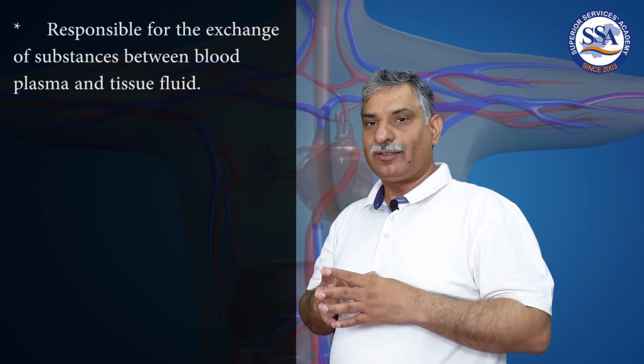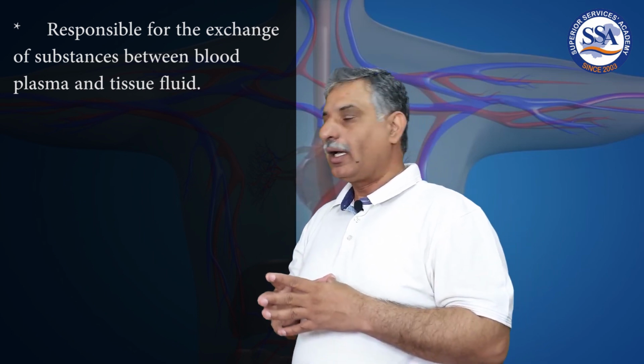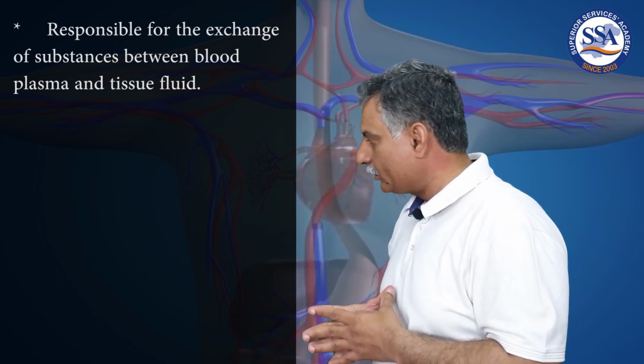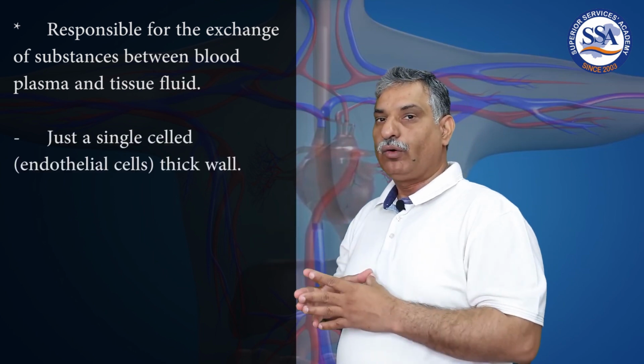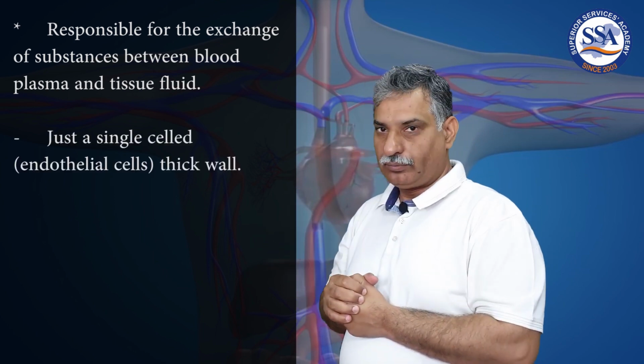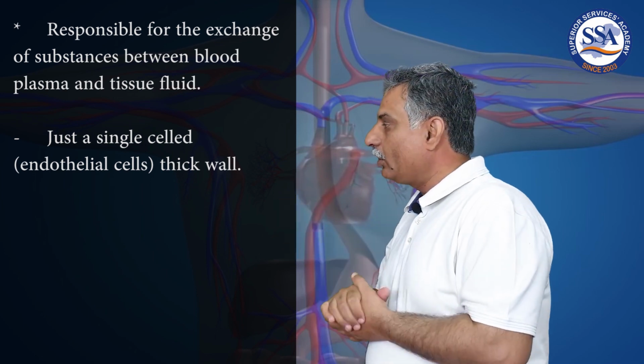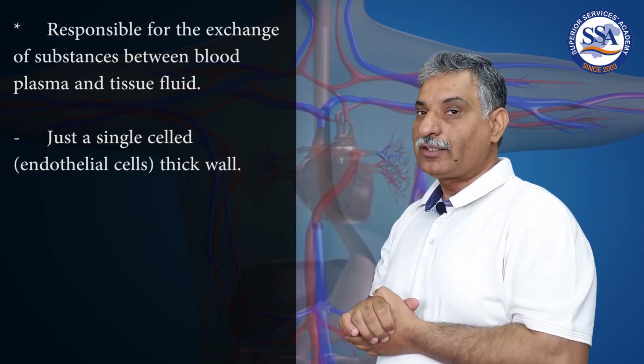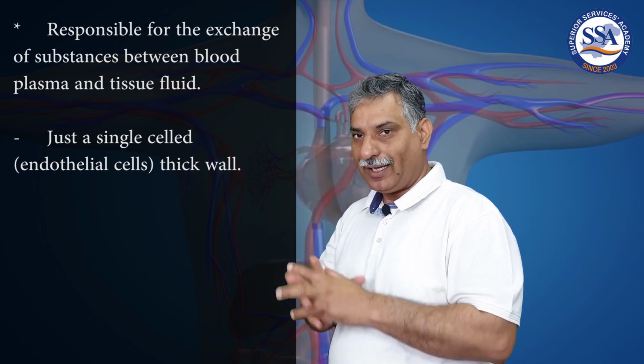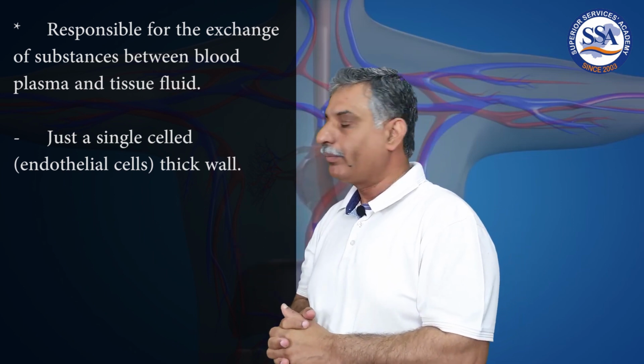In order to maintain this exchange, capillaries are structurally adapted for this purpose, meaning they have only a one-cell-thick wall, and this wall is made up of cells known as endothelial cells, and as a tissue we can call it endothelium.